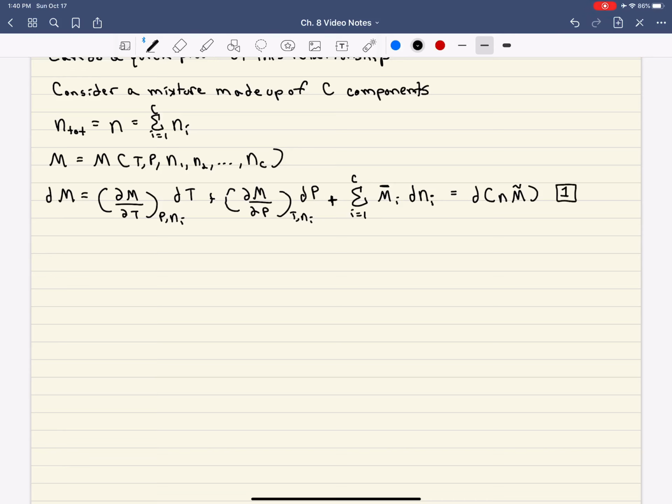But what I want to do is, since we have this relationship, I actually want to work out the derivative of it, so dM. And here, what we're going to have to do is apply the product rule. I'm going to call this equation 2.